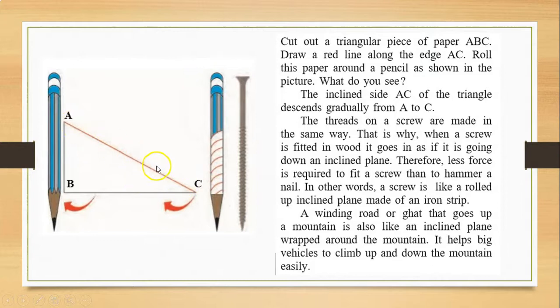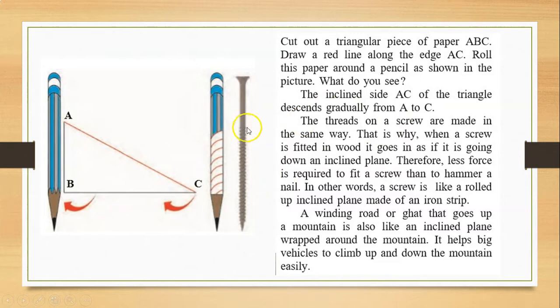This is nothing but the inclined side AC of the triangle, which descends gradually from A to C. The thread on a screw, my dear students, then becomes like a screw. So a screw is also a simple machine, but it works on the principle of an inclined plane. So what exactly do we see on the screw?